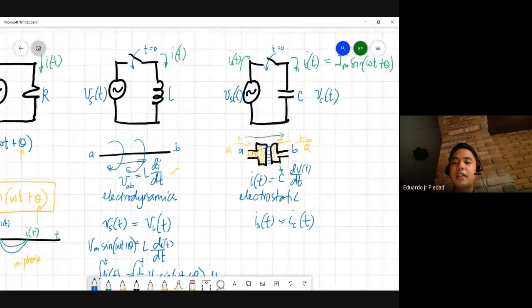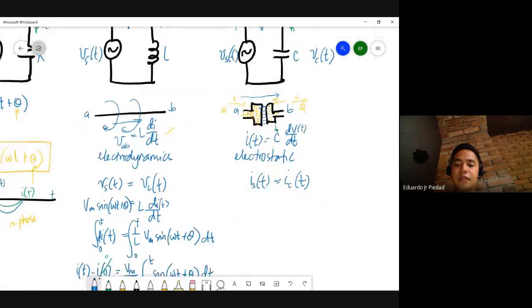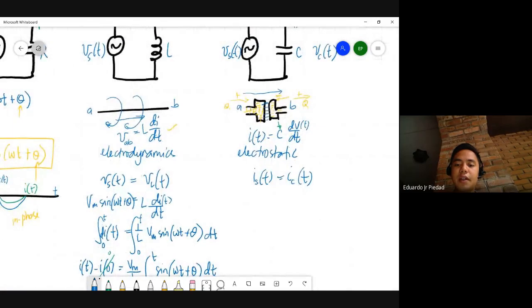Actually, sorry, we don't need to do this. We just stick to the voltage, because we can get the Is of t. And we know that Is of t is equal to C dVc over dt.